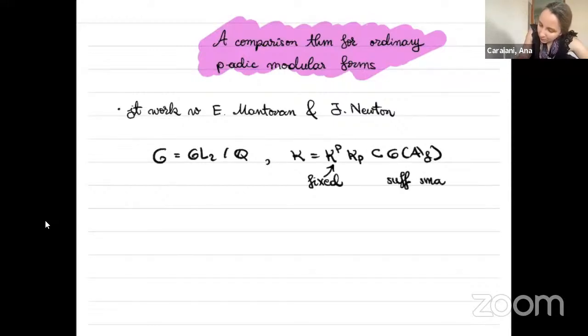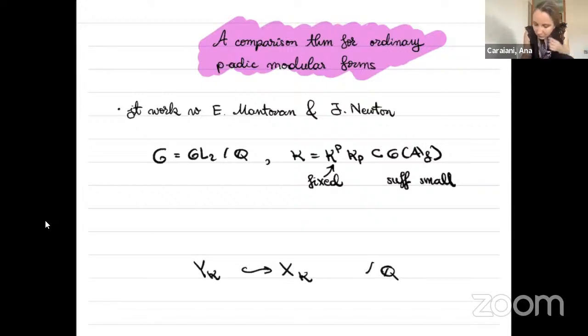And then I want to look at the modular curve, both the one that's defined moduli theoretically, and its compactification that you obtain by adding cusps. So these are curves over Q, and this X_K is smooth and projective. And over Y_K, I have the universal object, the universal family of elliptic curves.